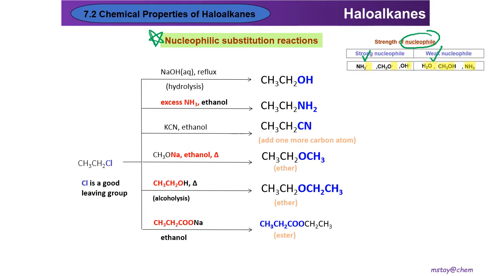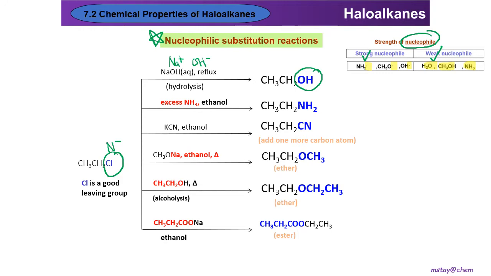Now look at the first one. NaOH is considered a strong nucleophile because it will always produce Na+ and OH-. In the haloalkane, the Cl is the halogen, and in the NaOH, the OH is the nucleophile, so you can see the chlorine is replaced by the OH.